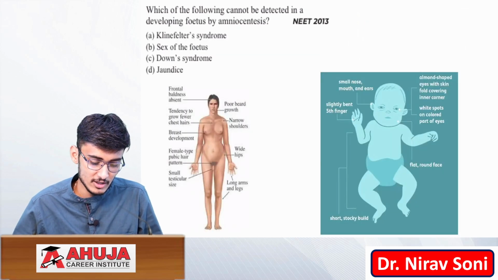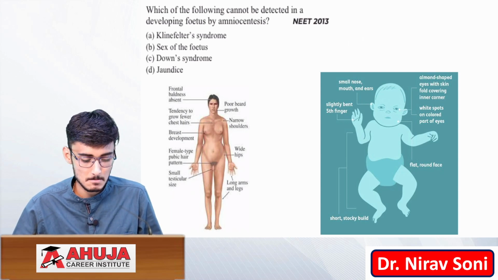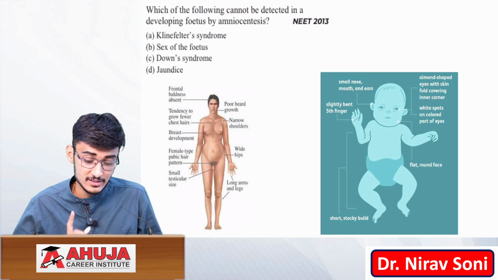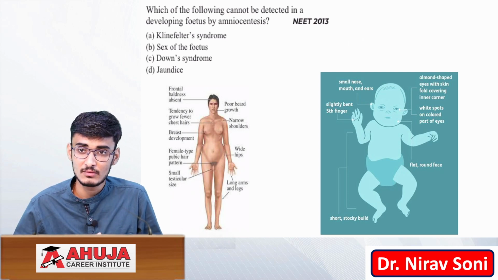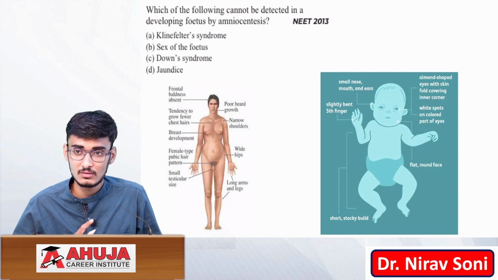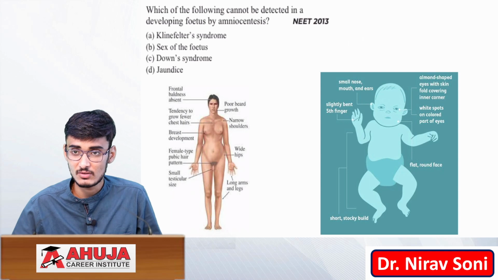Which of the following cannot be detected in a developing fetus by amniocentesis? Amniocentesis is a technique to identify the sex determination as well as genetic disorders in the new fetus in the embryo sac.